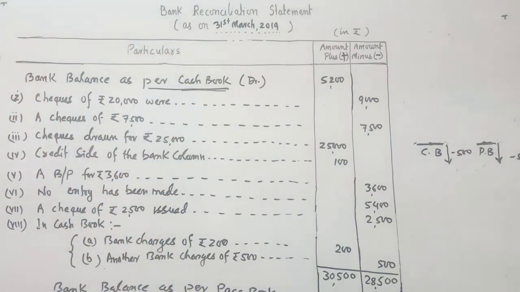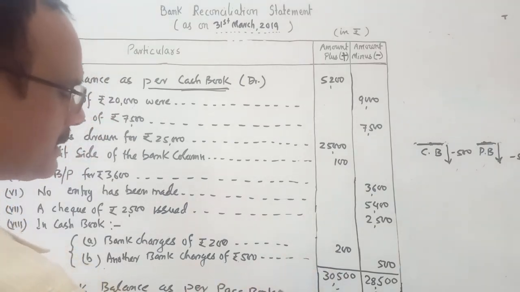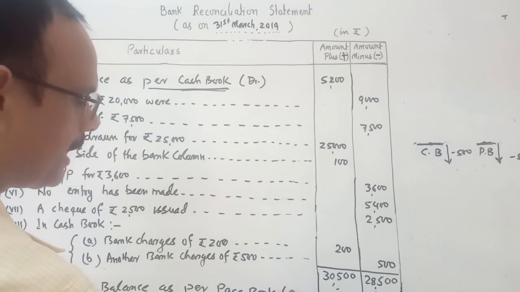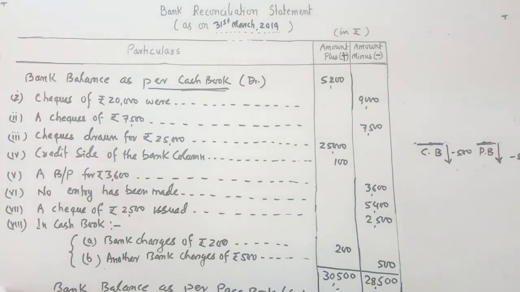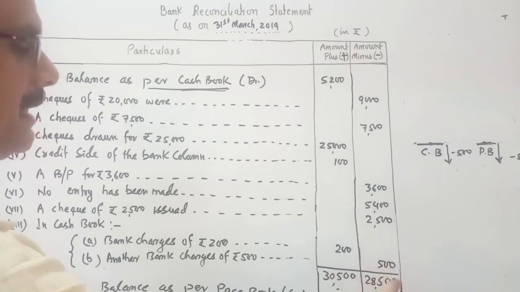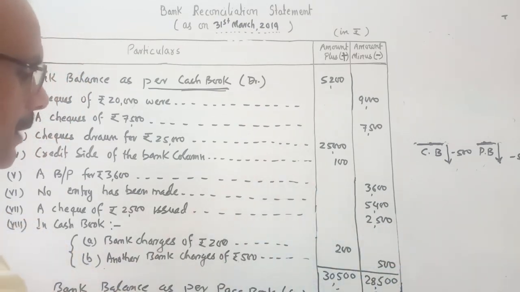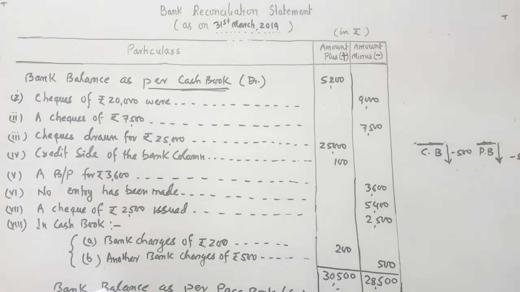Okay, 2,000 is the difference. So plus is more and minus is less. It means a positive balance. In the passbook it is a credit balance. Positive balance means credit balance. It's a favorable balance. Plus is more and minus is less by 2,000. So it's a favorable balance, and a passbook favorable balance is a credit balance.